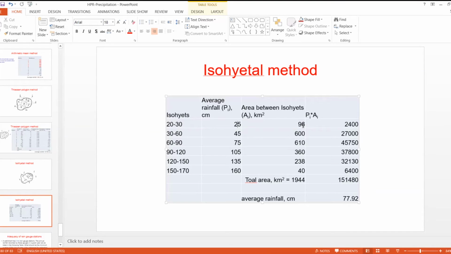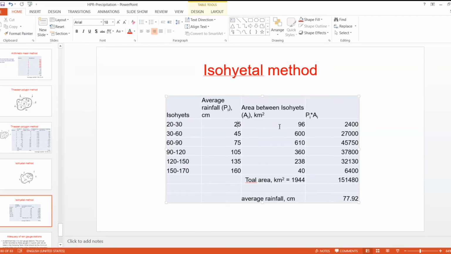So now we can calculate the weightage factor. The weightage factor is the area between isohyets divided by the total area. Or otherwise, simply we multiply the average rainfall and the area between isohyets, add all of these, and then divide by the total area.